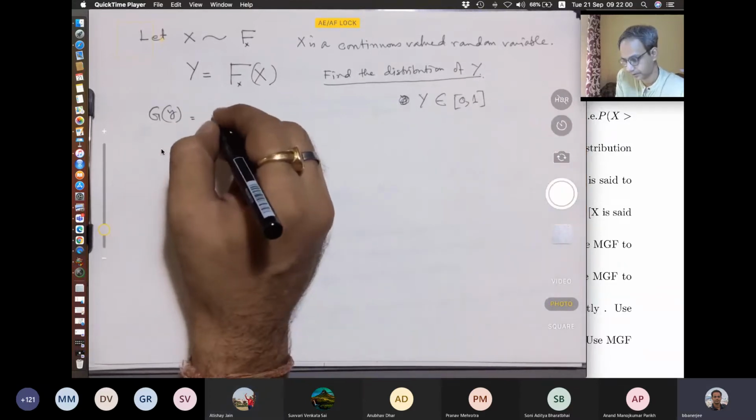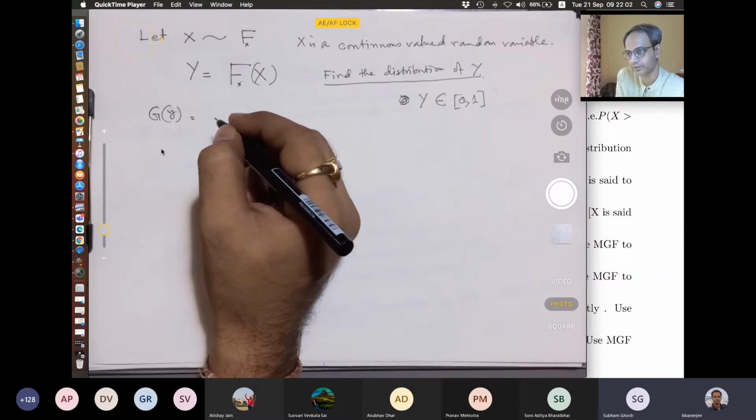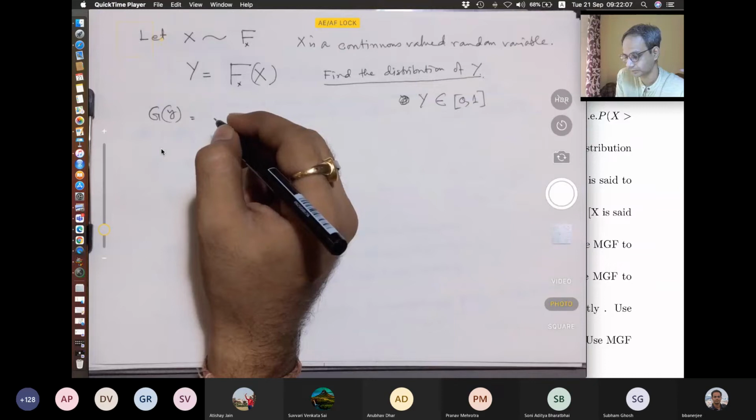Sir, will it be a uniform distribution? Yes, of course, it will be a uniform distribution. Parameter? Whenever you name some distribution, you have to talk about its parameters.